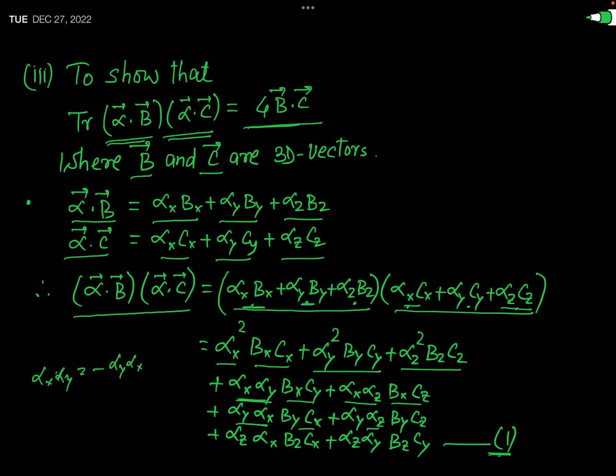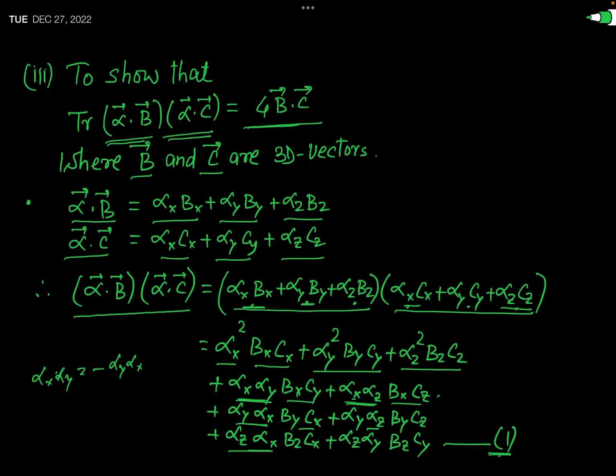Similarly, you can see that alpha x alpha z and alpha z alpha x: alpha z alpha x will be equal to minus alpha x alpha z. So these two terms will again be combined.